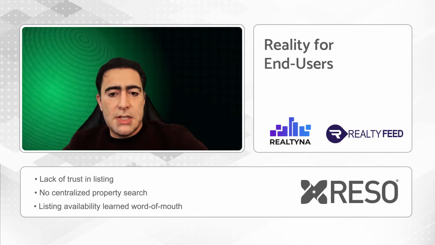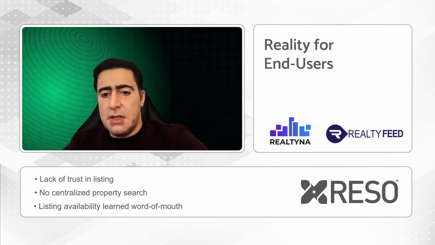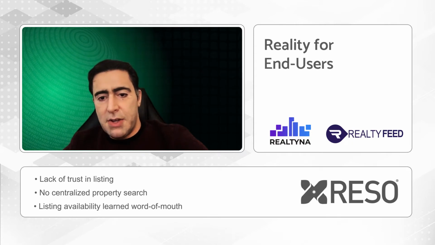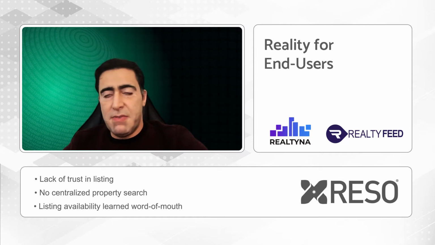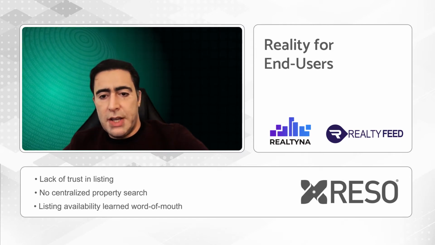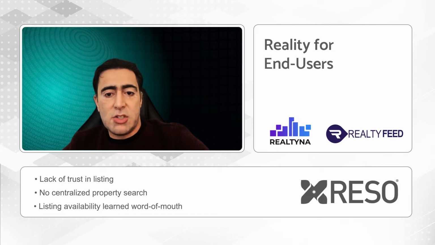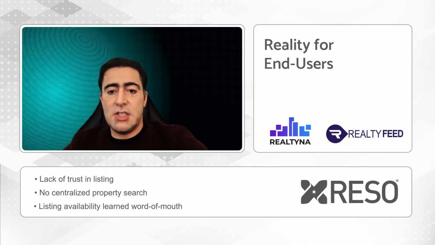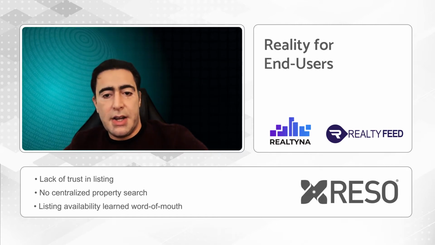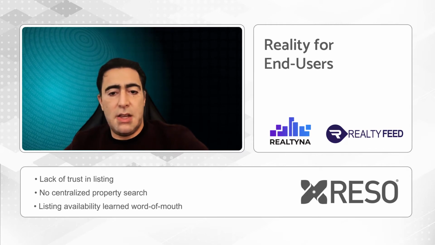We also consider the client, the end user, buyer or seller. For them, the situation is even worse. For instance, they cannot trust a listing when they are searching portals because they know 95% can be fake or outdated. They don't know how they can find a proper listing unless they start calling different agencies. There is no connected system, as I said, like MLS, to exchange listings between agencies.